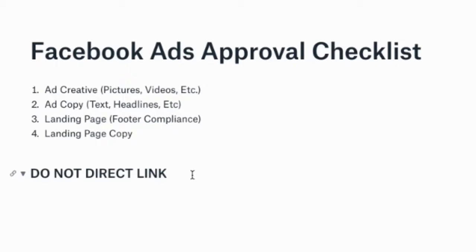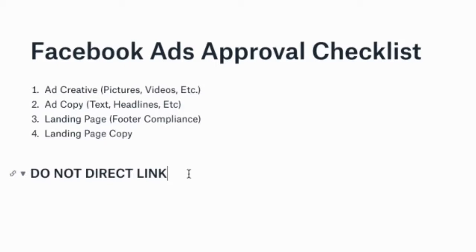The reason is that these affiliate links are, number one, usually automatically flagged, and number two, the copy on your landing pages is literally optimized to convert, not optimized to be compliant. So a lot of the copy, the text on your actual landing pages for your affiliate offers, is not going to be compliant.